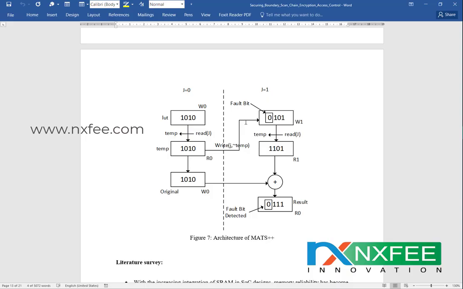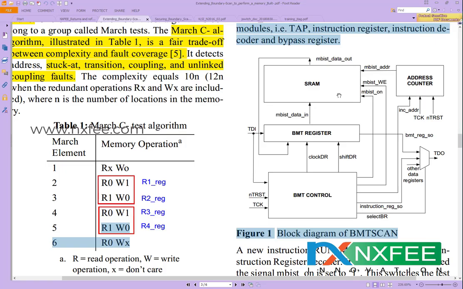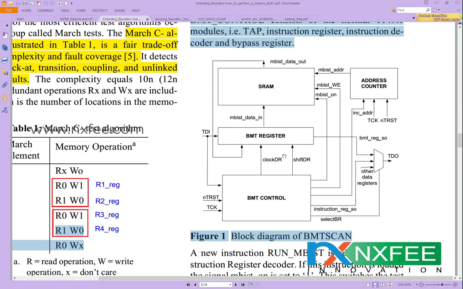Every operation comes under writing and reading the data, but for each operation we need to compare. Where it is compared is the main target of this testing method. This testing method gives priority to the BMT scan.